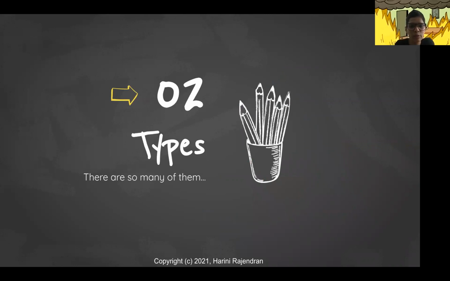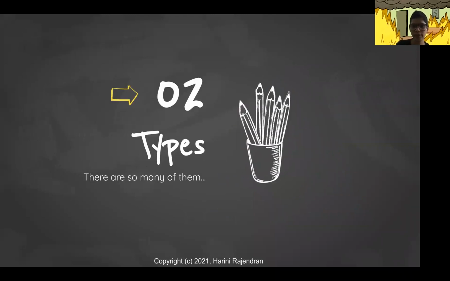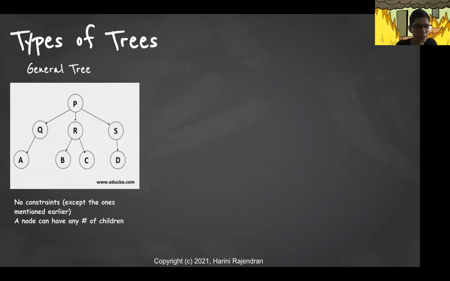Now that we have seen what a tree is and understood the different terminologies of a tree, let's see the different types of trees that are there. The first one is the general tree. This general tree has no new constraints except the ones we saw earlier: there should be no loops or cycles, each node should have only one parent, all the nodes should be connected, and there should not be any disjoint roots.